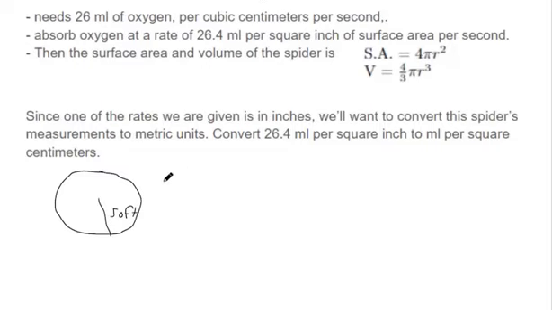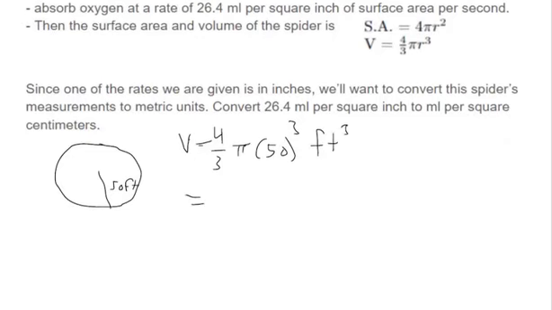Okay, so let's find out the volume of the spider. The volume of the sphere is 4/3 pi r cubed. So 4/3 pi, and our radius is 50 in feet. So we want to use ft cubed here for our units. We want to remind ourselves of that.